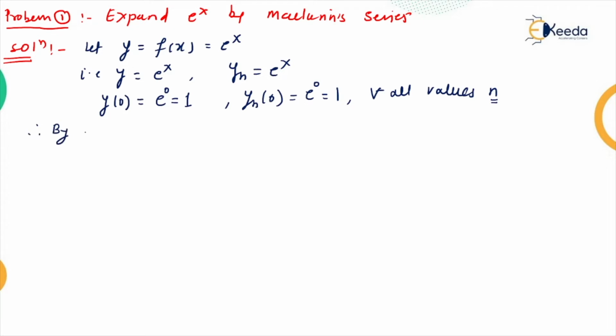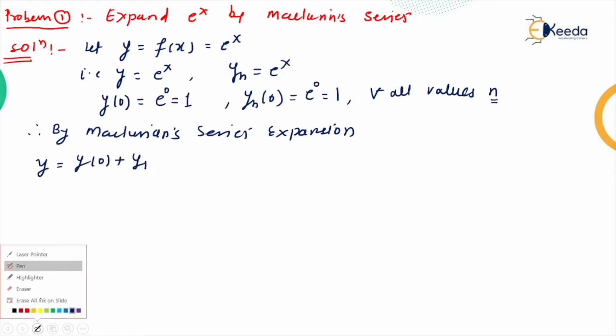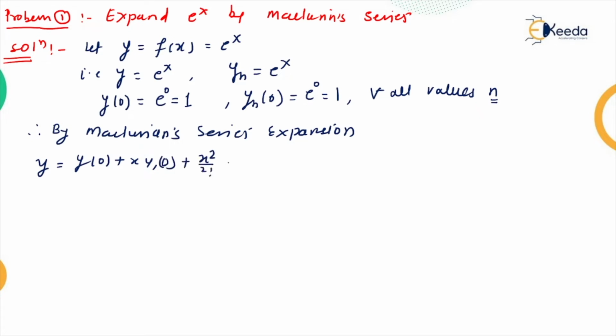Therefore, by the Maclaurin series expansion, y is equal to y of 0 plus x into y1 of 0 plus x square divided by 2 factorial into y2 of 0 plus x cube divided by 3 factorial into y3 of 0 plus and so on.